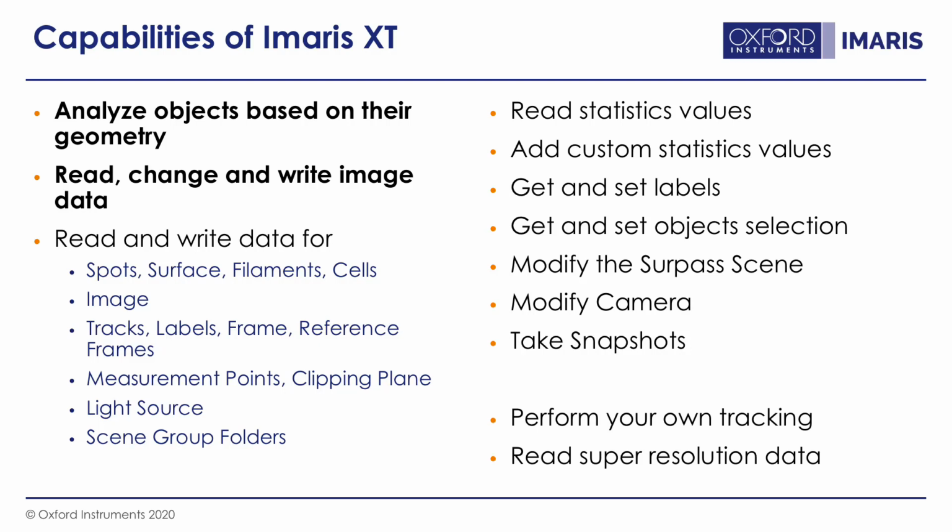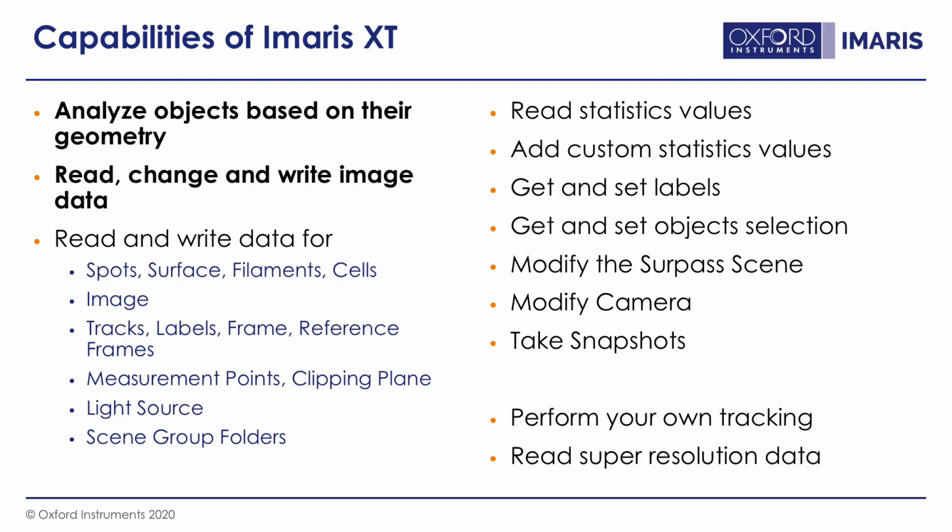These features allow you, for example, to perform your own tracking. If you have your spots detected and you know that the Imaris tracking doesn't work, but you have another tracking algorithm that works better, just get the spots from Imaris, use your own tracking, and then write the tracking results to the spots, and then you can continue working with these tracks in Imaris.